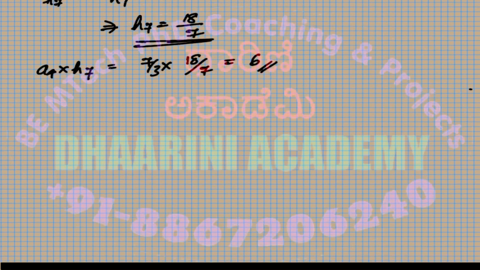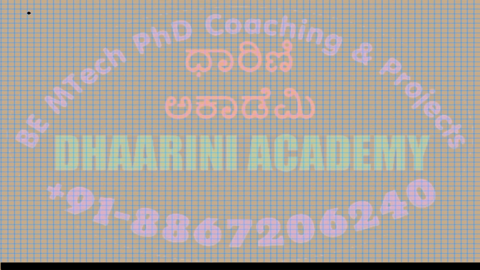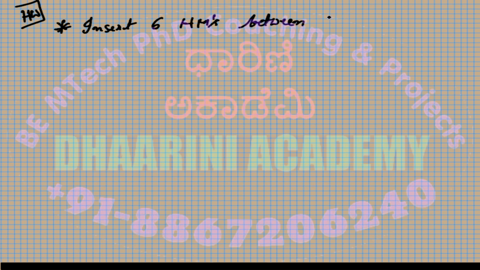Homework problem. Insert 6 harmonic means between 3 and 6 by 23.